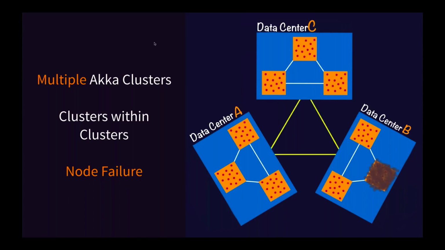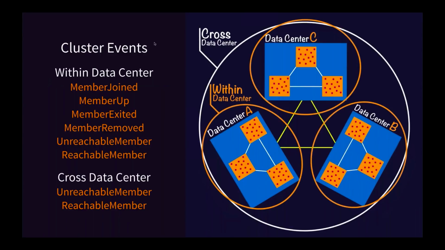So there are some additions that have been made for cluster events. As a quick review, cluster events are where actors can register themselves with Akka to say, hey, send me messages when these types of events occur. There are still all the events that occur within the data center, but now there are new events that occur across data centers.